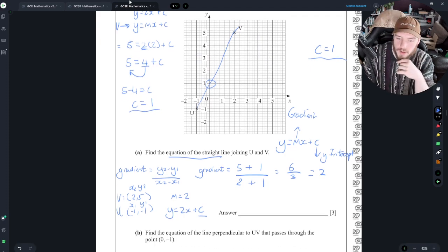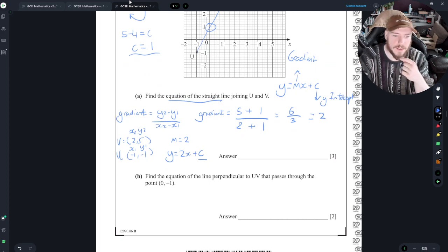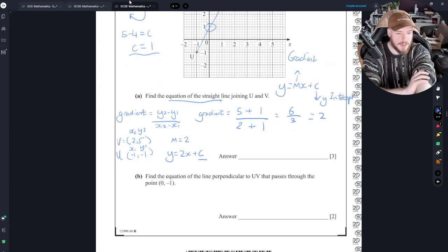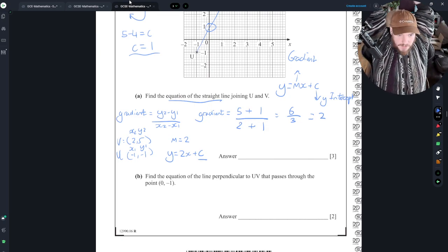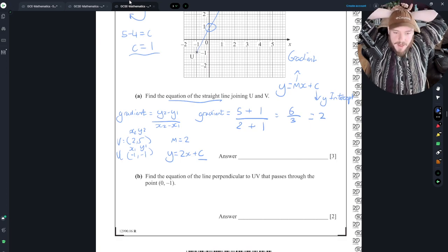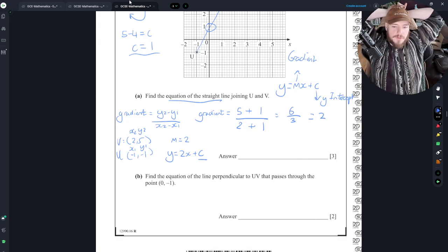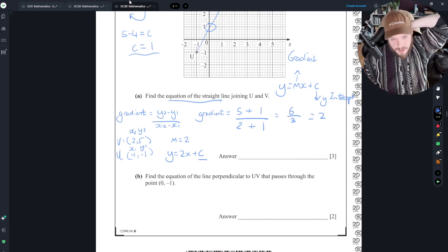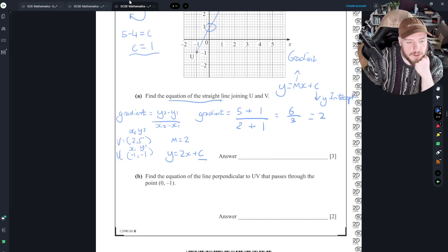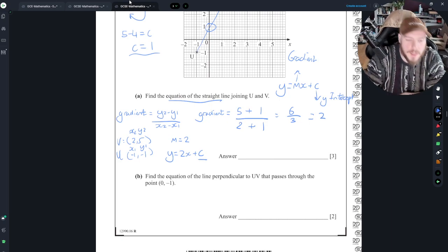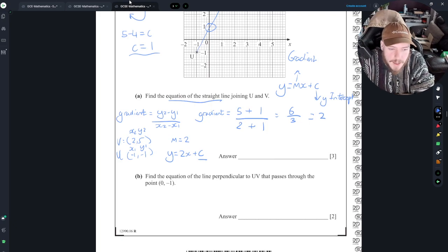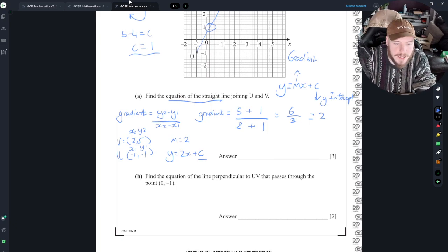Okay, so let's move on to the next part. Find the equation of the line perpendicular to UV that passes through the point (0, -1). Perpendicular essentially means it's coming in at a right angle.